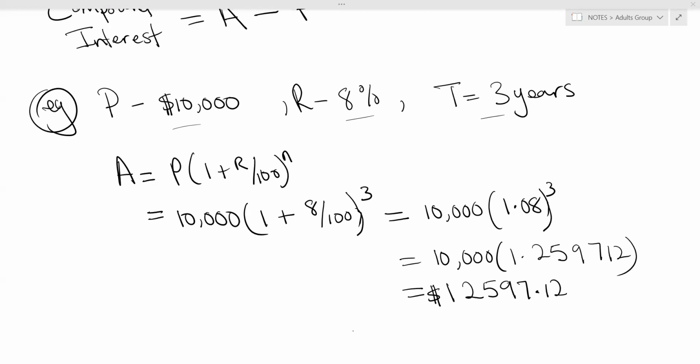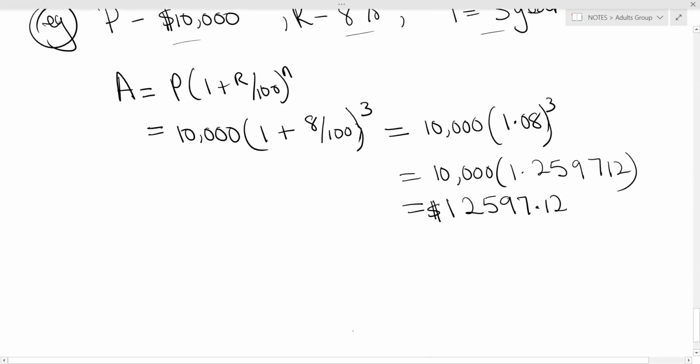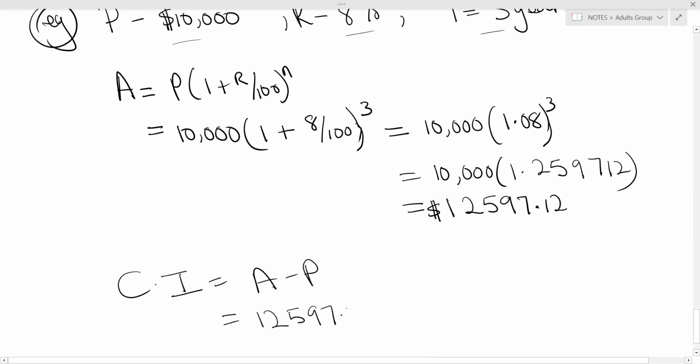So now that we have found our amount accrued, we know that our compound interest is A minus P, and our A, which we just solved, $12,597.12 minus the principal, which was $10,000.